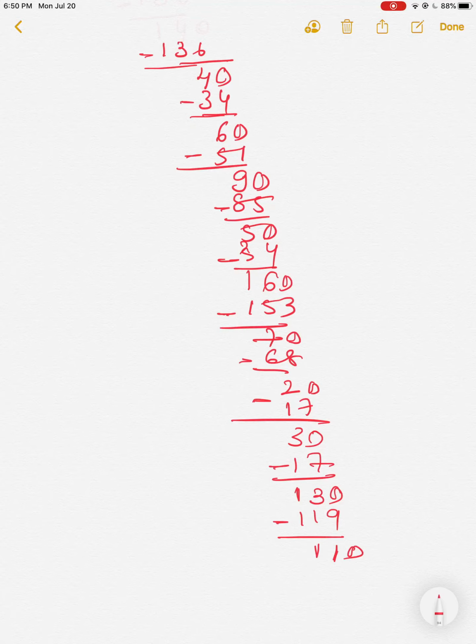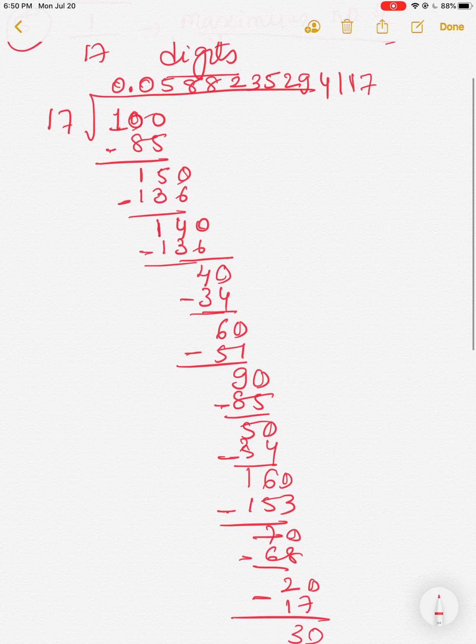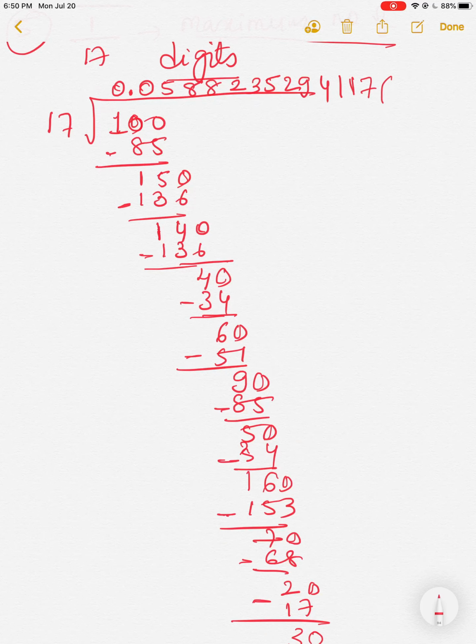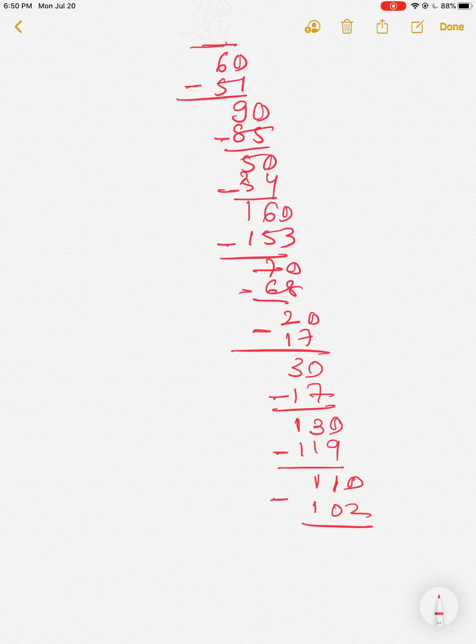Then 17 6s are 102. 17 6s are 102, minus, here 8, 0.